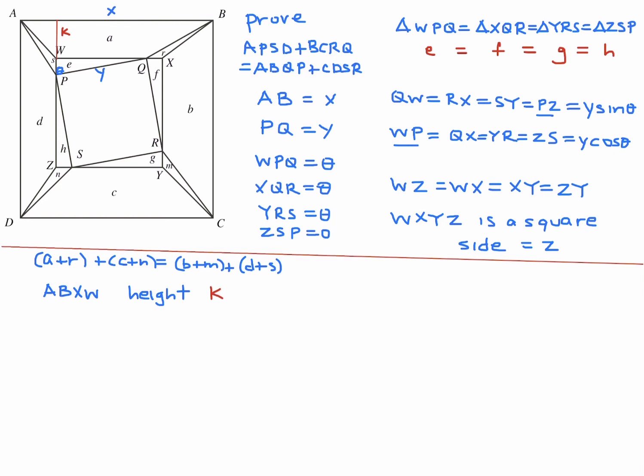And then, very similarly, for another trapezoid, ZYCD, which is down here, we also need a height. So let's put in a height, top to bottom, like that. And that one we'll call L. So now we can figure out a little bit of a relationship.